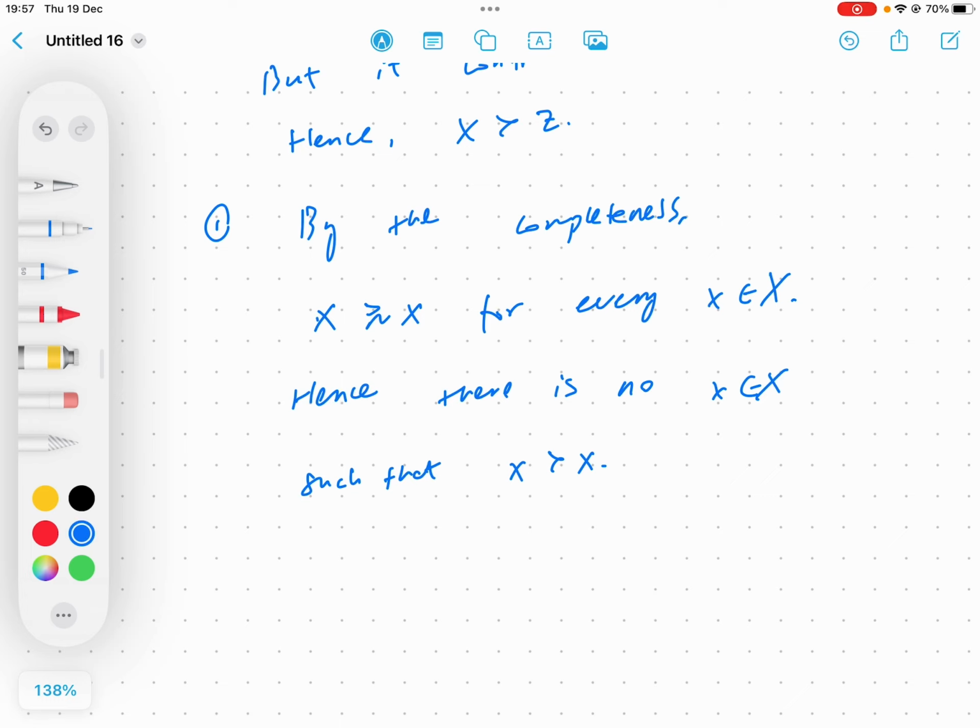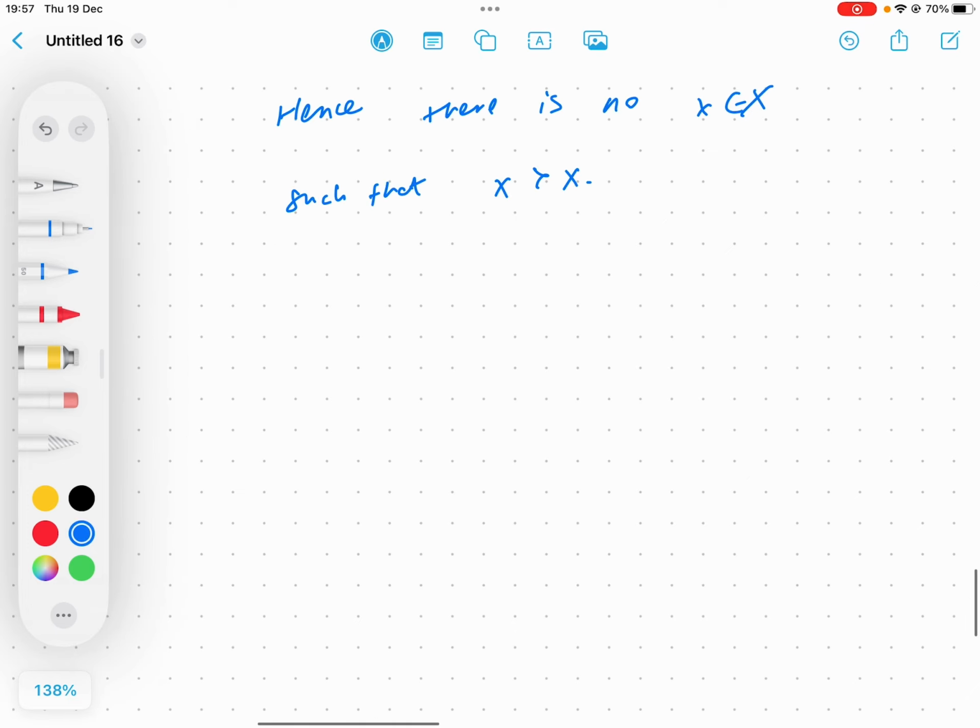So this doesn't hold for our relation. Okay. And next, let's suppose that x is strictly preferred to y, and y is strictly preferred to z.